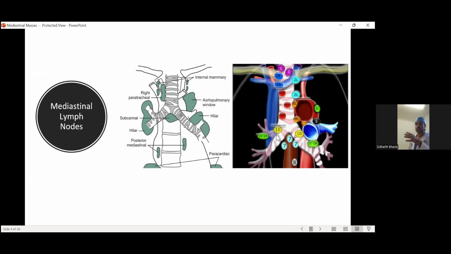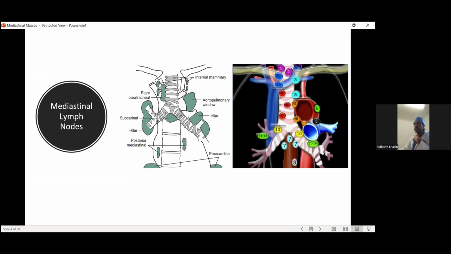As soon as you go to single digit, which is 4 or 7 or 8 or 2, it becomes N2 disease. And when you go to double digit on the other side, that's contralateral, meaning 10L or 11L, it becomes N3. So it's important to know the anatomy of these lymph nodes when you're biopsying them, because whether they are positive or negative affects the staging of the lung cancer, and that affects the treatment, of course.